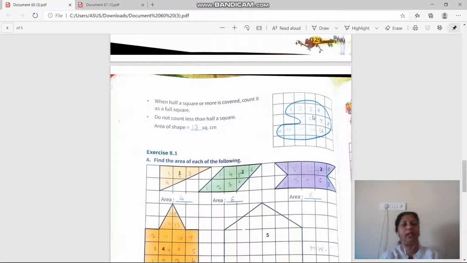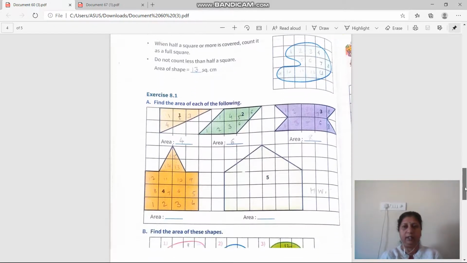If it is more than half, calculate it as 1. If it is half, calculate it as a half. And if it is full, then you have to calculate it as 1. Okay. Let's start. 1, 2, 3, 4, 5, 6, 7, 8, 9, 10, 11, 12, 13. It is 13 square centimeter. Get it?